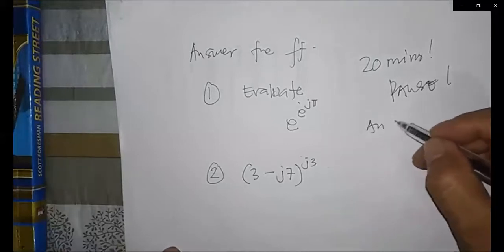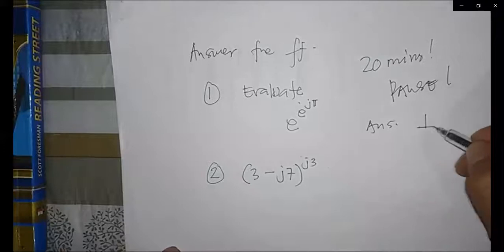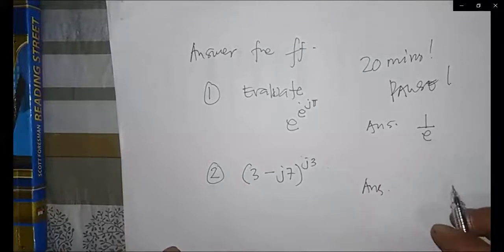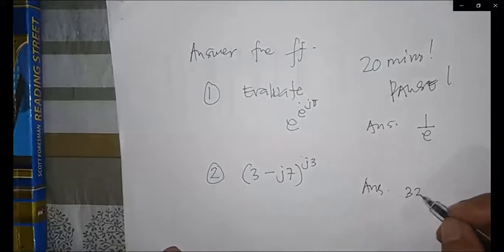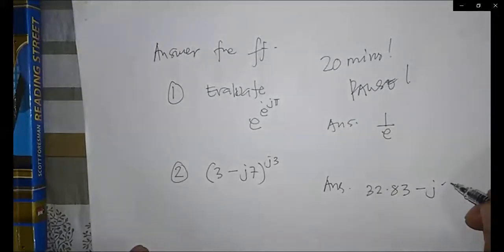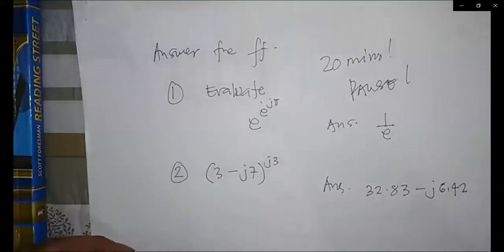All right. Here are the final answers. For problem number 1, we have 1 over e. For problem number 2, we have 32.83 minus j 6.42.